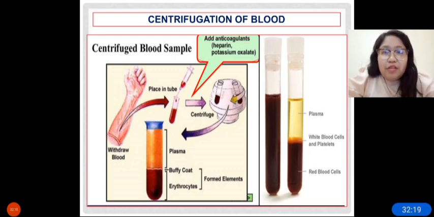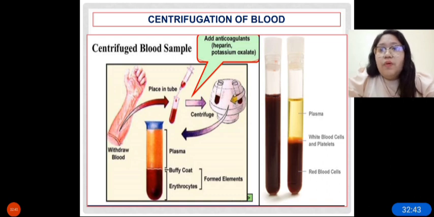So, as the centrifuge spins, the denser components of the blood, such as the red blood cells, move to the bottom of the tube. The less dense components, such as the plasma, remain at the top. So this separation allows for more precise analysis of the different components of the blood.